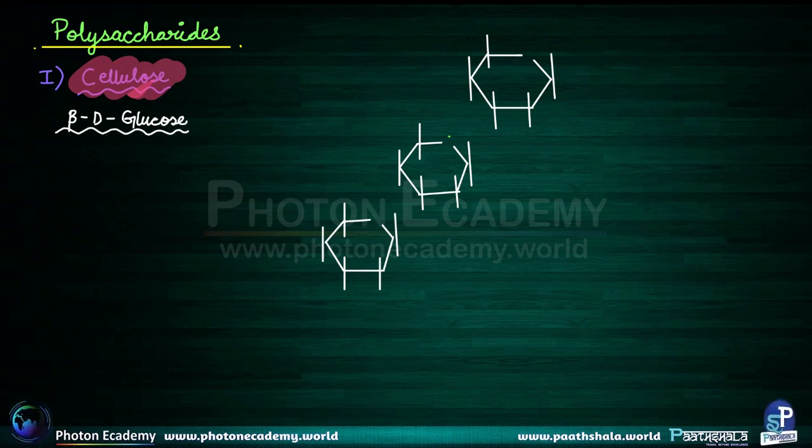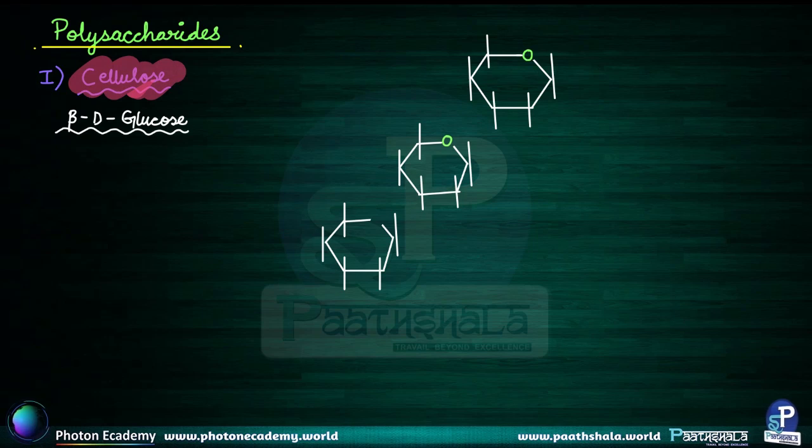Suppose we have 3 beta D glucose units over here. Let us draw the beta D glucose structure. It will look something like this.